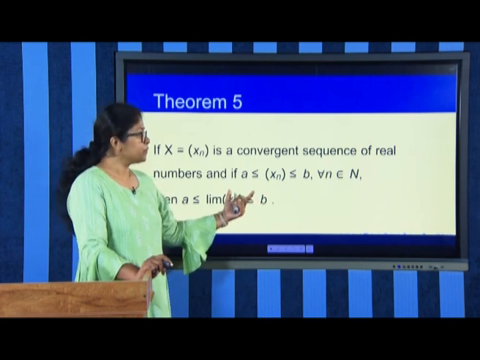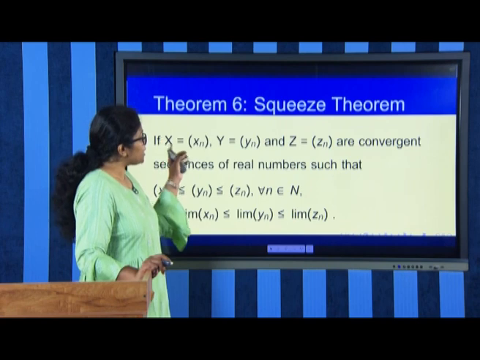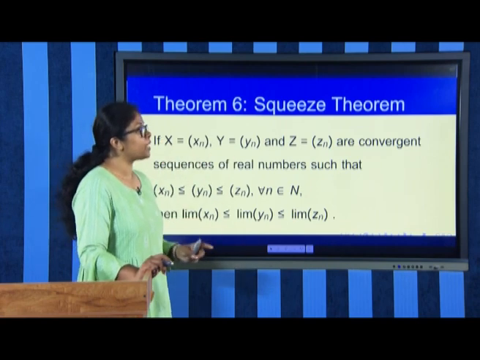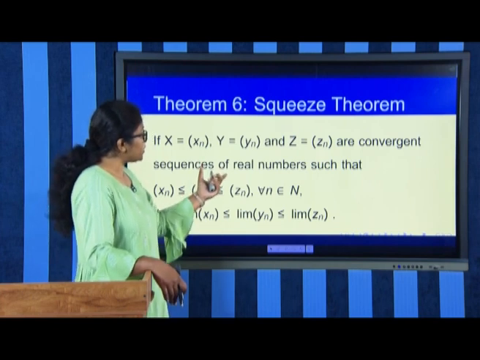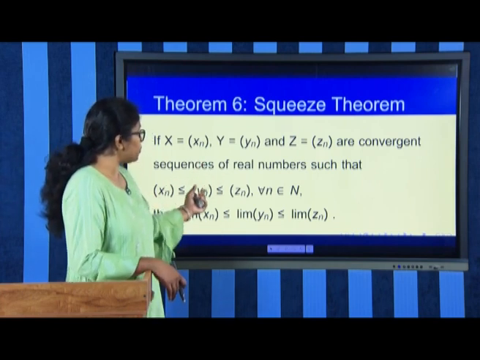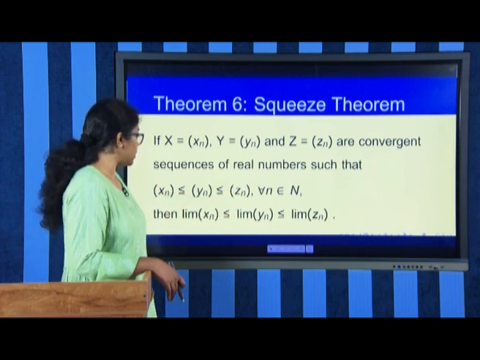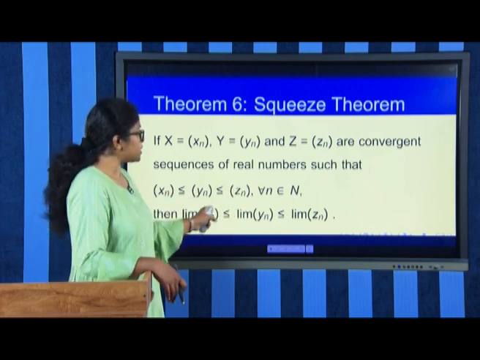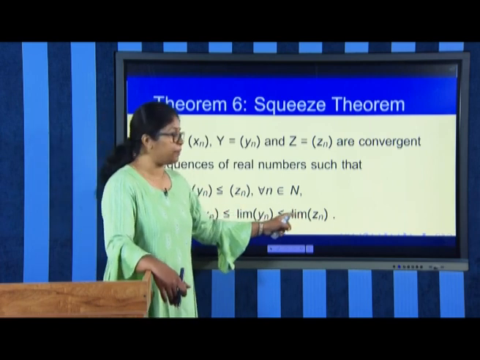Also, we have a result that if xn, yn and zn are three converging sequences, having the result that xn is less than or equal to yn, less than or equal to zn for every n belonging to N, then the limit of xn is less than or equal to the limit of yn, less than or equal to the limit of zn.